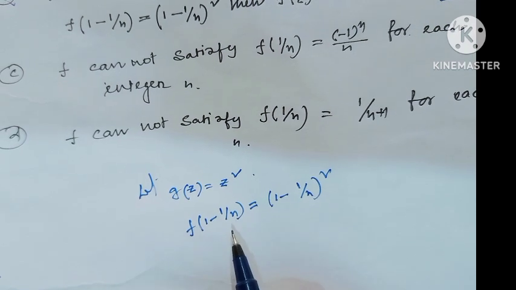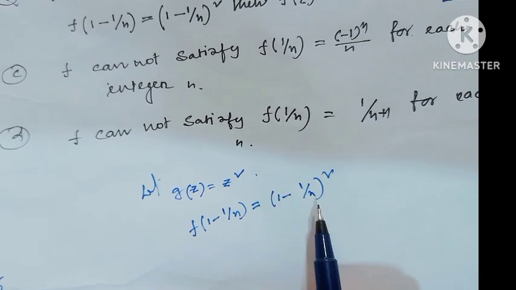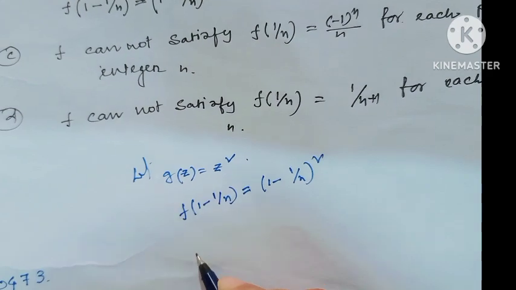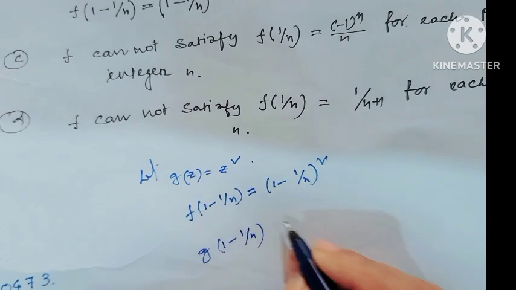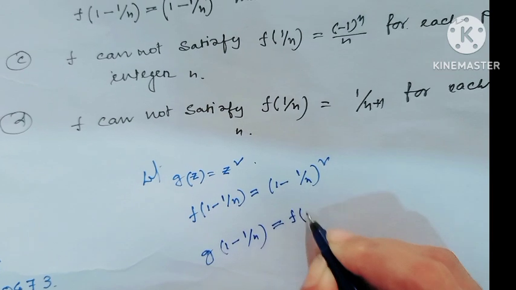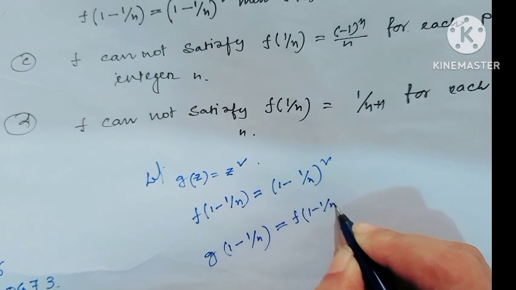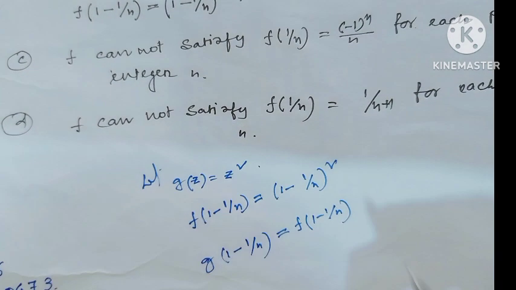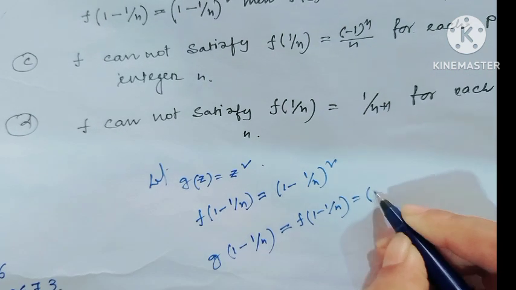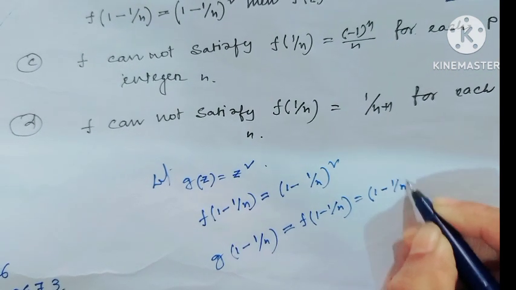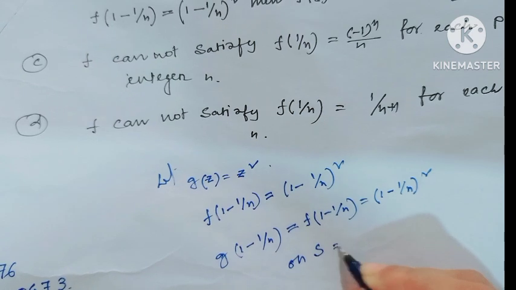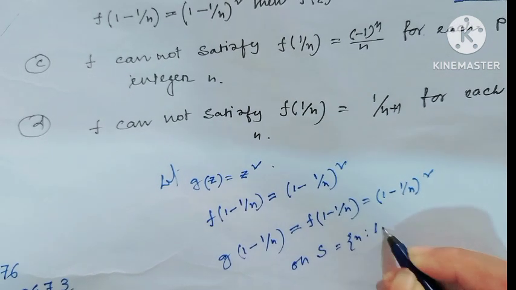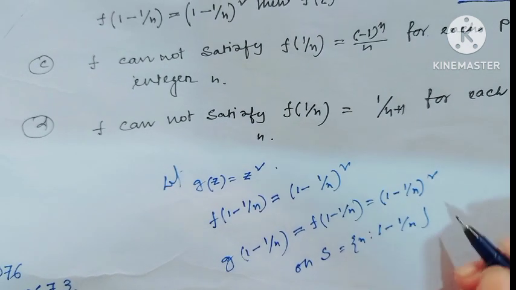Then given f(1 - 1/n), g(1 - 1/n) equals (1 - 1/n)² on the set S, where S equals the set of 1 - 1/n.